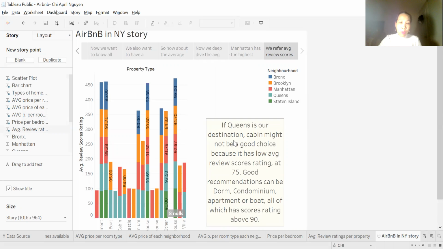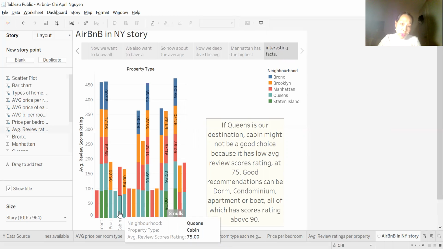Now, I want to walk you through the average review score rating so that we can have some hints to choose the room and apartment for our short-time landing. For example, if we choose Queens as our destination, then let's have a look here.